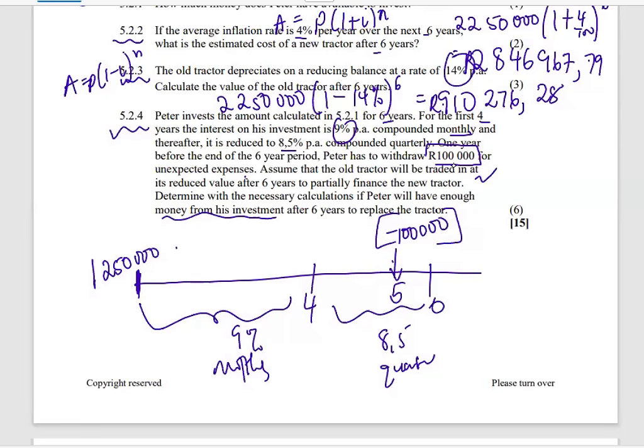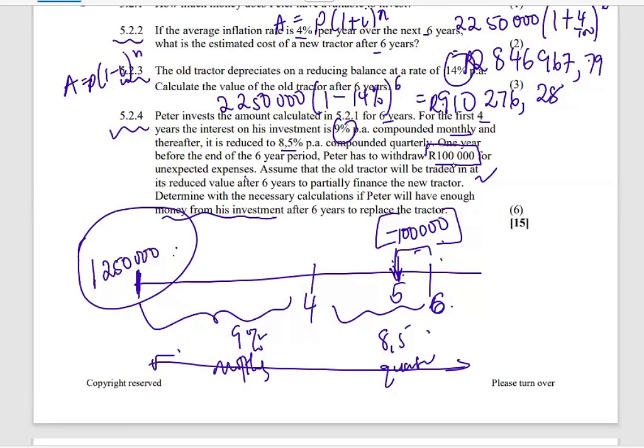We can go step by step and see how much is going to be in the account after 5 years, and then we do the subtraction. Alternatively, we can do the 1,250,000 for the entire 6-year period, bearing in mind the interest changes, and then subtract the 1-year growth of the 100,000. So this is what's going to happen.